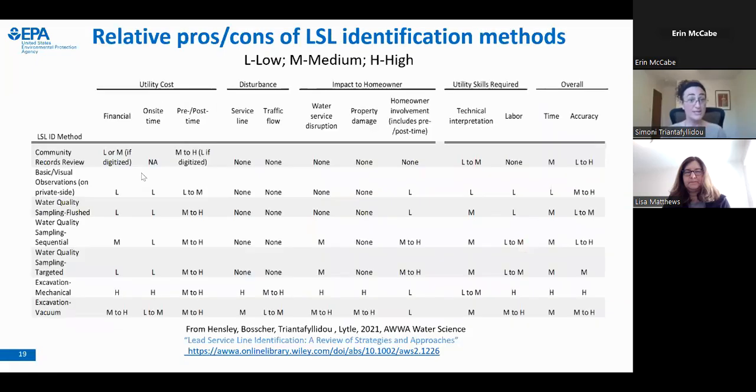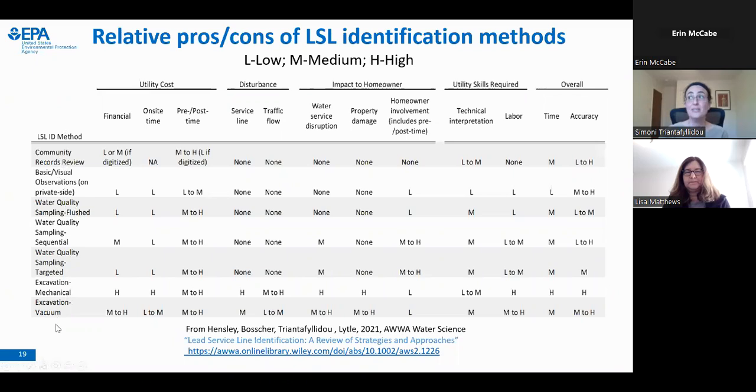So here's the table of relative pros and cons of lead service line identification methods. You can see at the very left, this is the list of methods that I went through previously. So we're starting with community records review, moving on to basic visual observations, then to water quality sampling, either flushed, sequential, or targeted. And then we move on to excavation, either mechanical or vacuum.